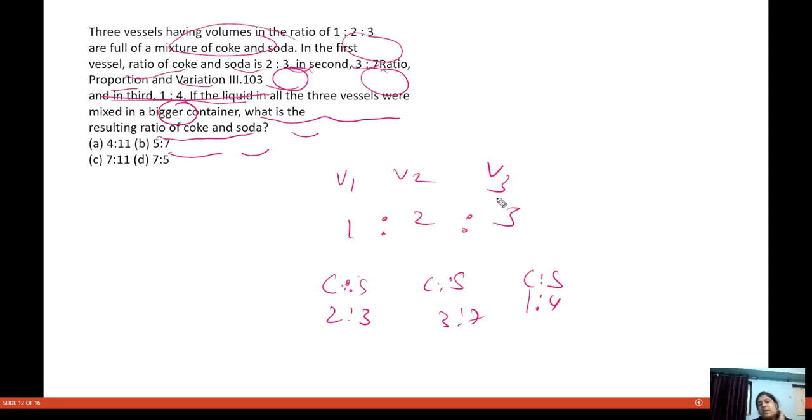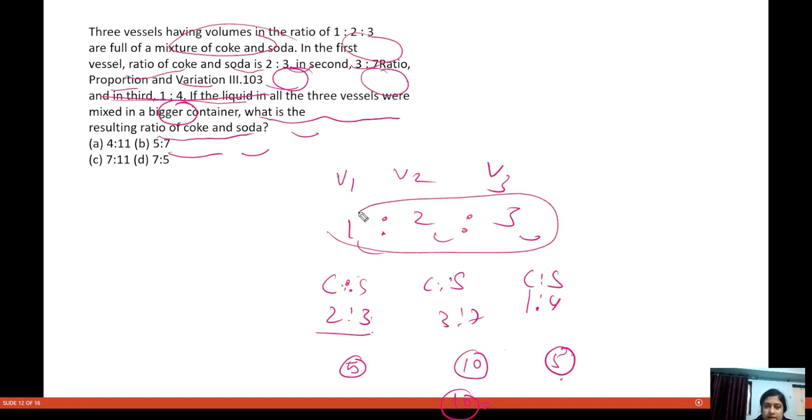Fine. See, what I am doing here is, there is 1, 2, and 3. Now see this. If you add this, you will get 5. If you add this, you will get 10. And if you add this, you will get 5. So I am taking one number, 10, and then multiplying. For example, V1 has 10 liter capacity, V2 has 20 liter capacity, and V3 has 30 liter capacity.